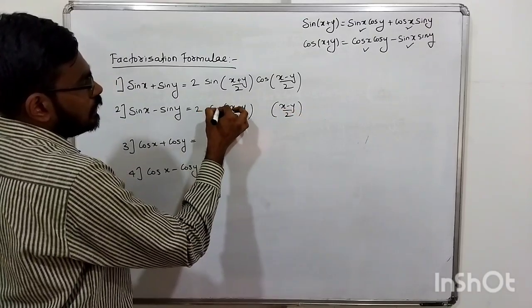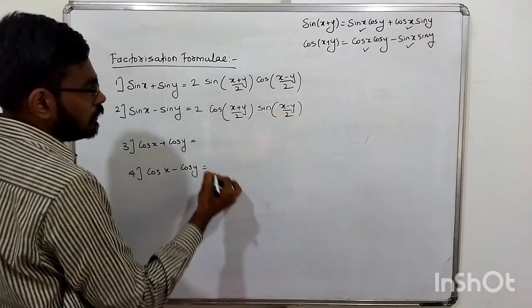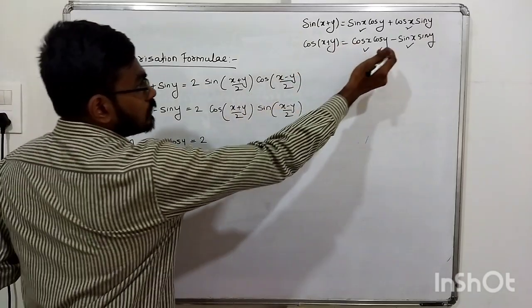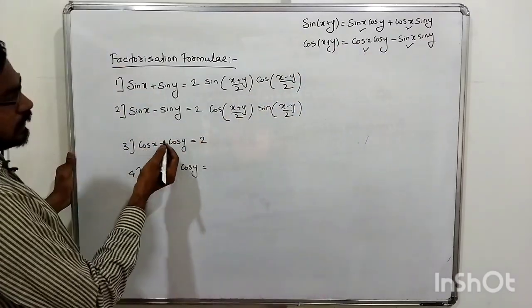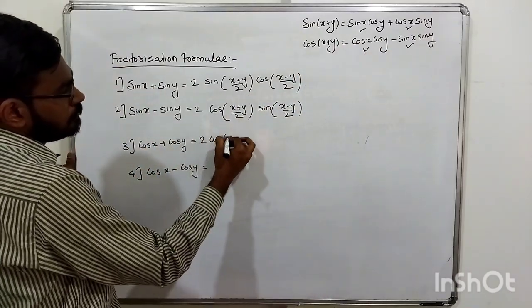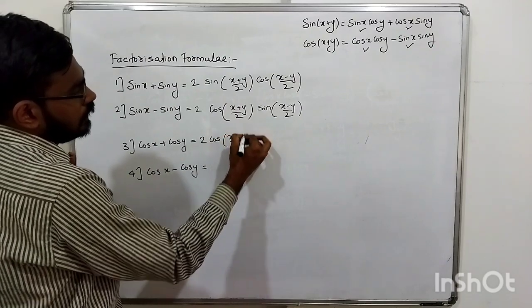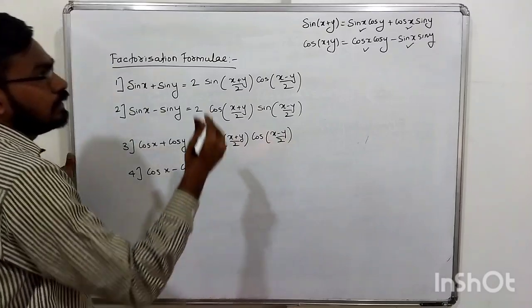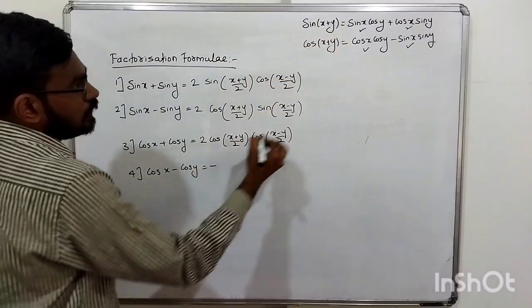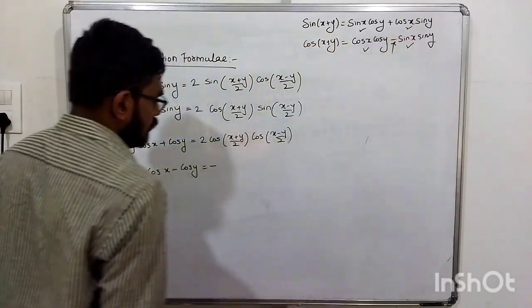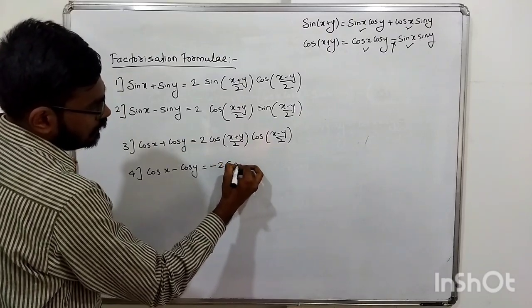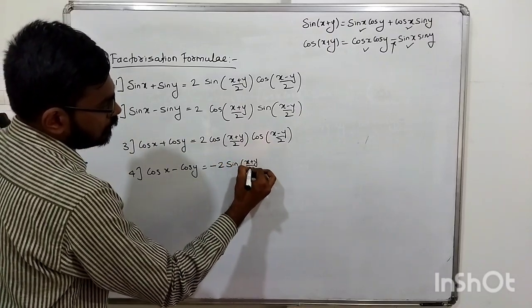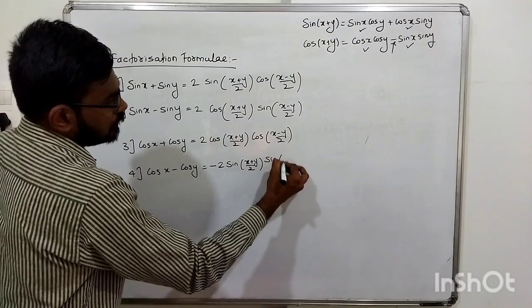Third one will become 2 cos cos, because there is plus here. The fourth one is sin sin, so minus, and along with that you have to take minus 2 sin x plus y upon 2 sin x minus y upon 2.